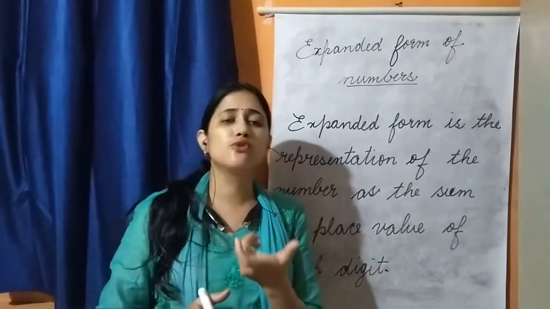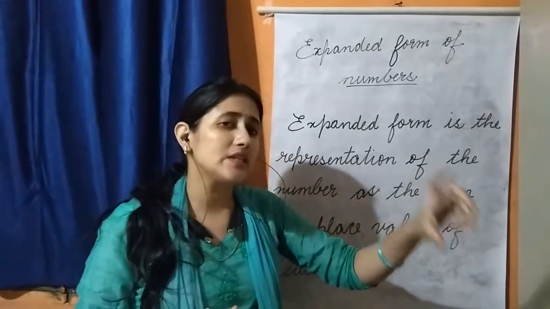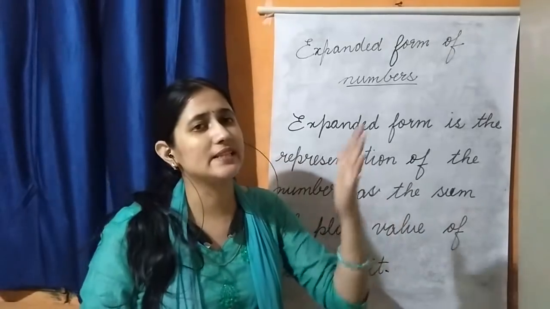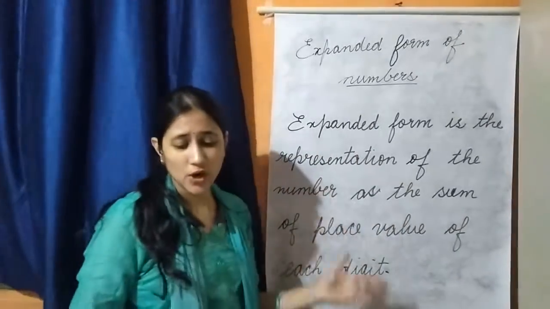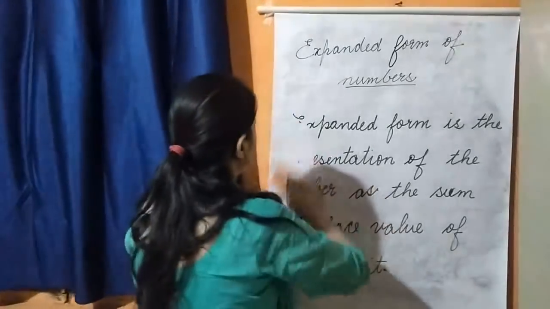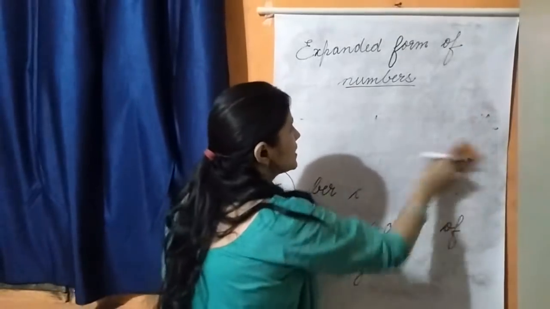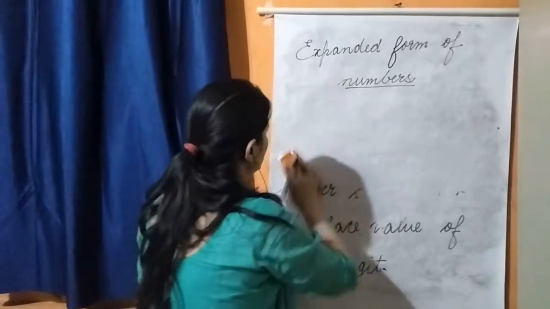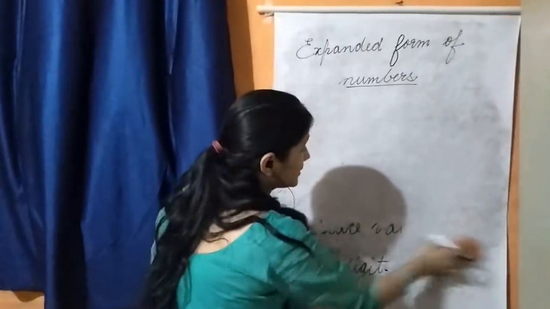This term I have used because we add the place values of a number when we write it in the expanded form. Okay students, I think you must have noted this. Now we will move ahead for the example. Okay, please write those examples also. Whatever examples and questions I am going to give you here, please write that in your copy.